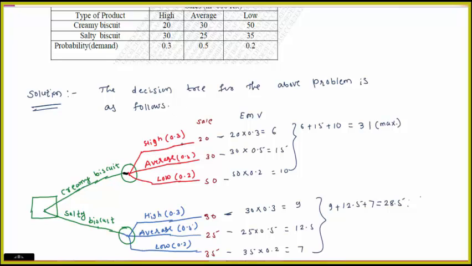For the creamy biscuit, for high the sale is 20, for average the sale is 30, and for low the payoff is 50. So for creamy biscuit, for demand high we have 20, for demand average 30, and for demand low the payoff value is 50.